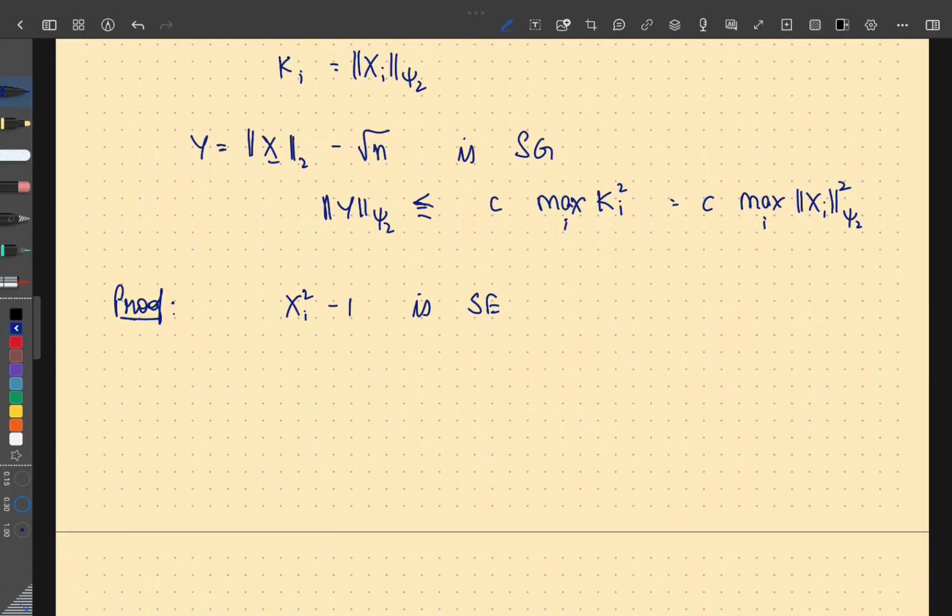So xi square minus 1 is subexponential, and that's because xi is subgaussian, xi square is subexponential. Therefore, xi square minus 1 is subexponential. What can I say about the subexponential norm of xi square minus 1 in terms of the subgaussian norm square of xi?